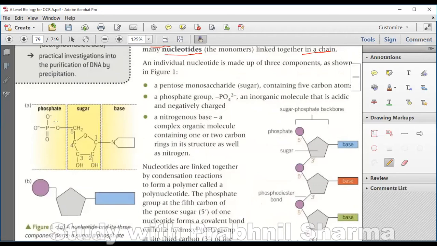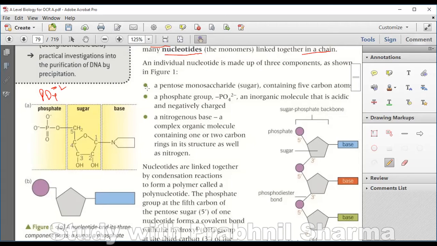Now you can see phosphate group. This is PO4. Phosphate group is PO4 minus 2. Sugar is this one, and this is nitrogenous base. Now, an individual nucleotide is made up of three components.